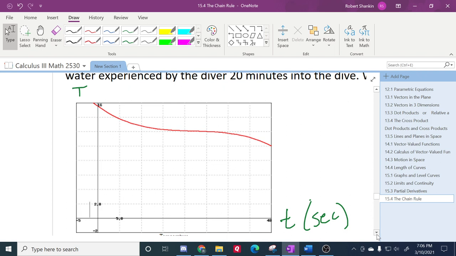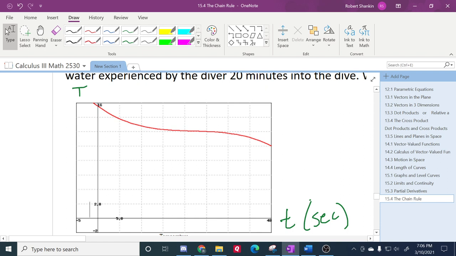So in this one, the diver gets to 5 seconds and then all the way to 40 seconds. At the beginning, the temperature was almost 16. And then as time goes on, the temperature is dropping. Then the temperature kind of levels out and slowly drops again.